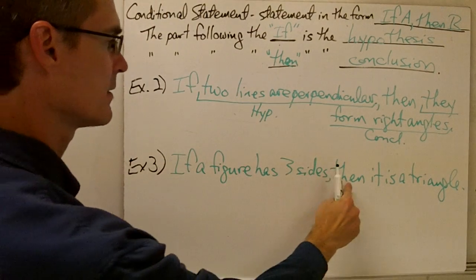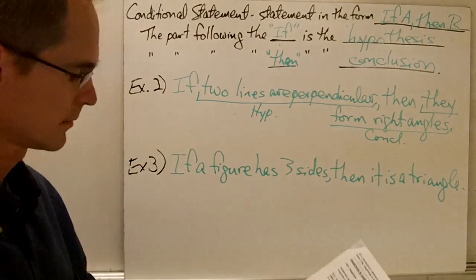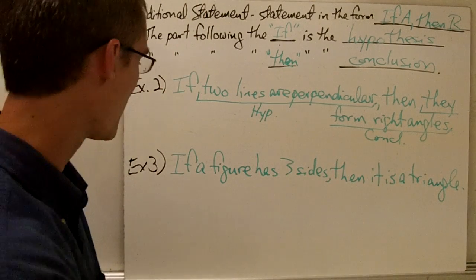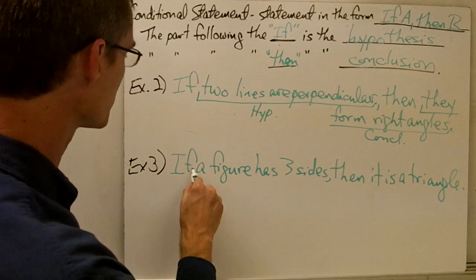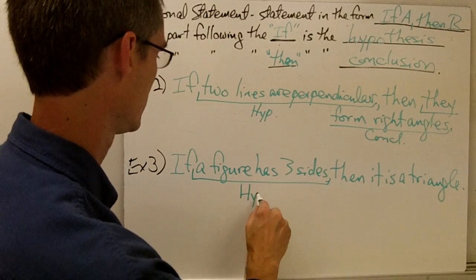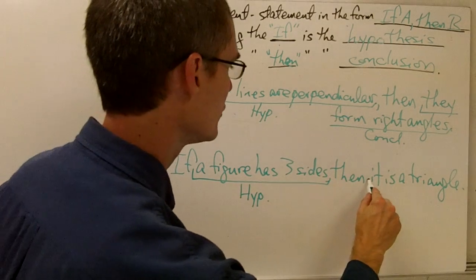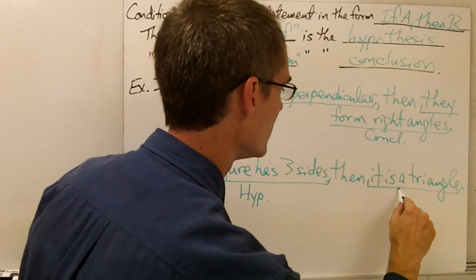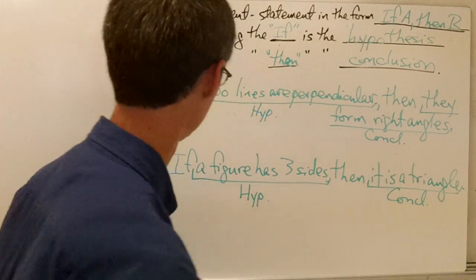If this, then this. Now identify the hypothesis and conclusion. The hypothesis is just the part following the if, and the conclusion is the part following the then.